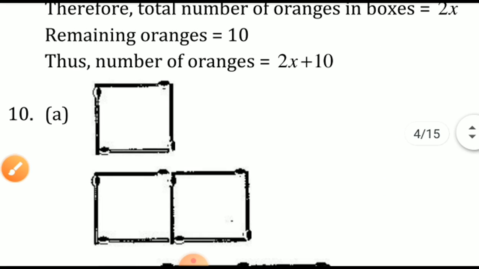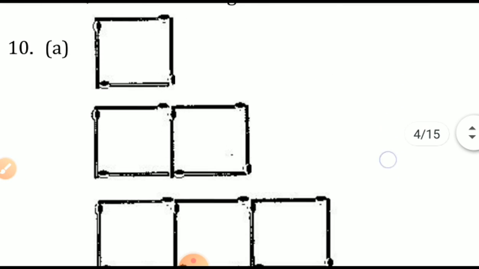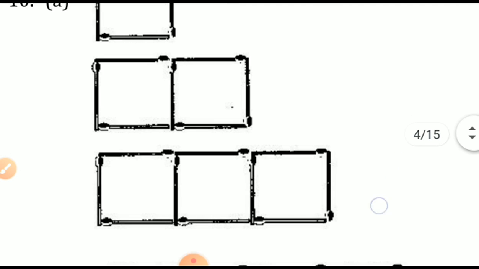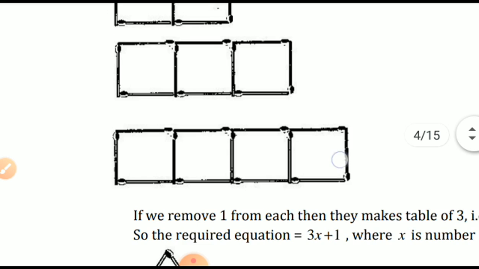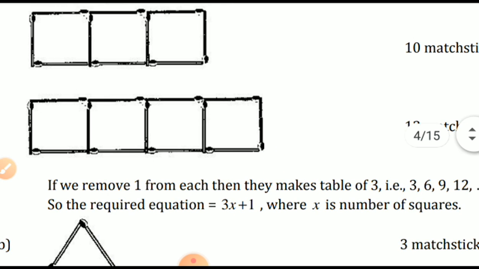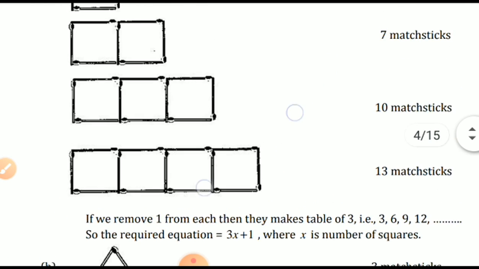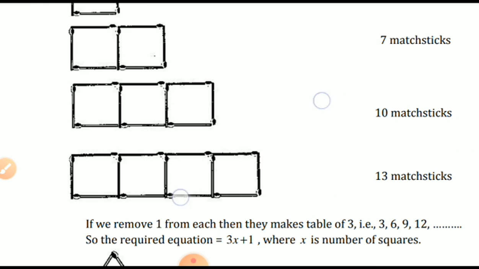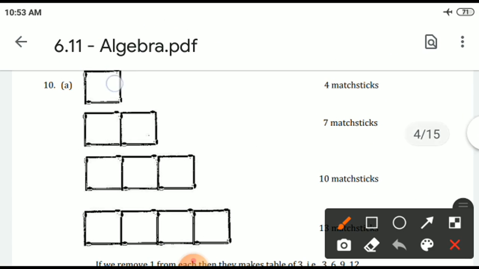Look at the 10th one. What is it showing us? A square, double square, triple square, then 4 squares. If we remove one from each, then they make the table of 3. Can you write this one? Look, remove one from each, beta. Let's check. We can cut one, cut one, cut one.